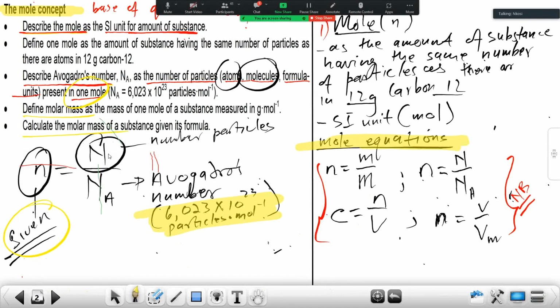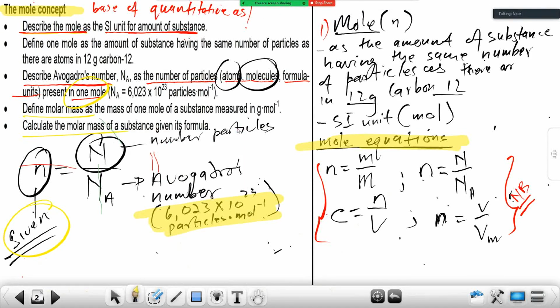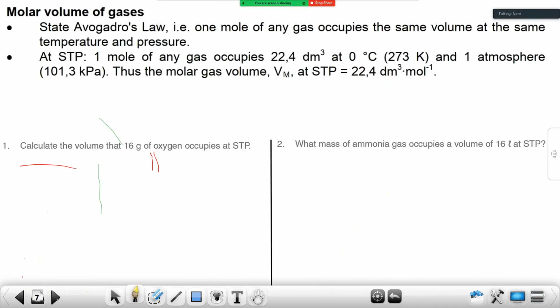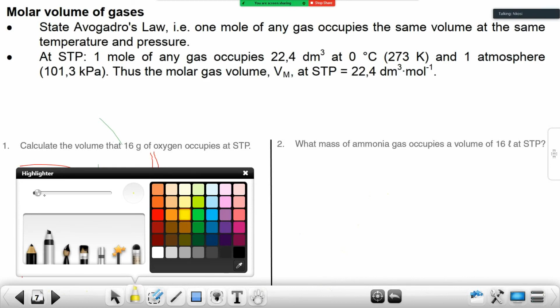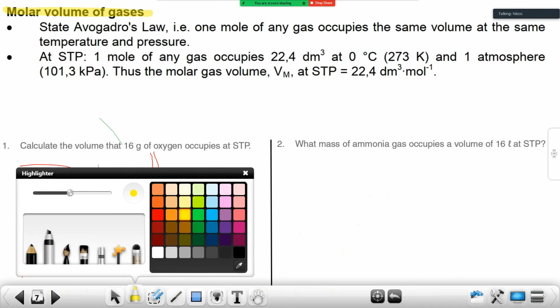Let's move on. So I said now in this first slide, everything that we look into has been done. So what is the second concept that we need to look for? The second concept that we need to attend to is this one that is called molar volume of a gas. So it's clear, guys.